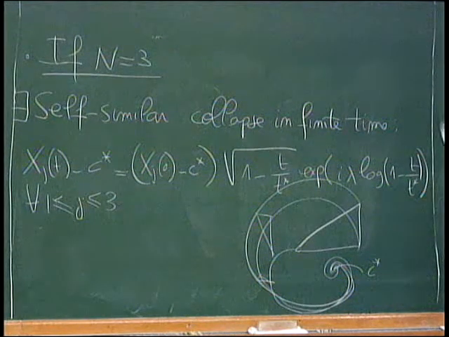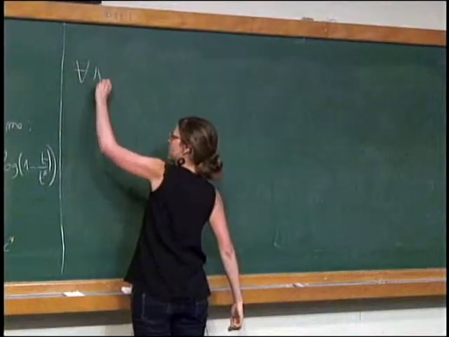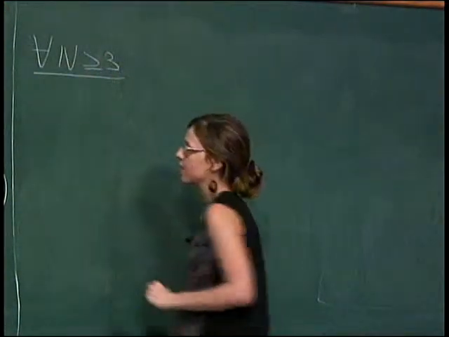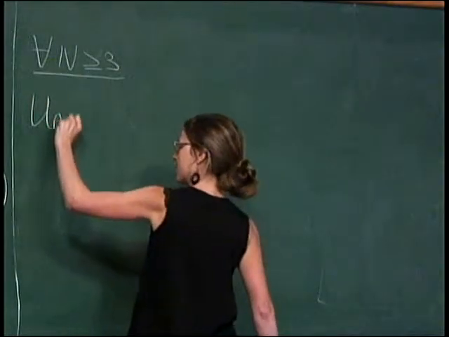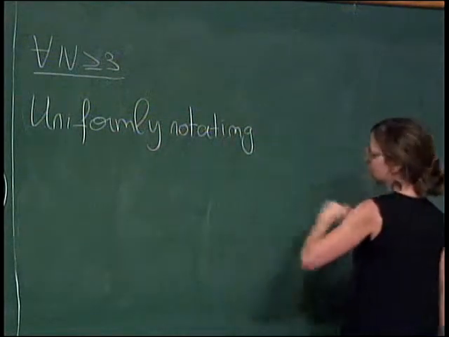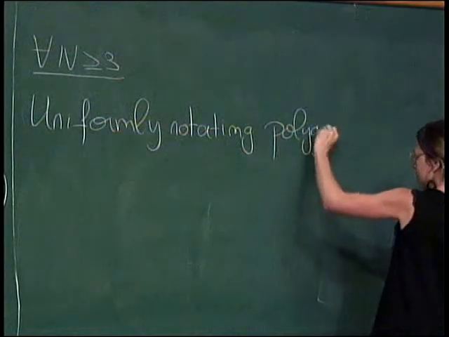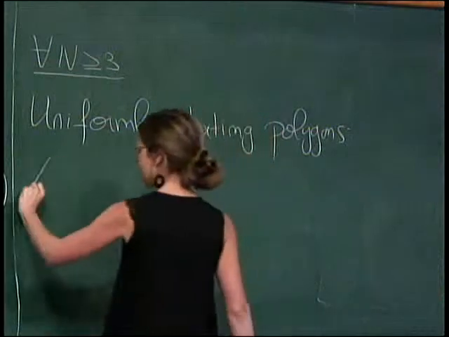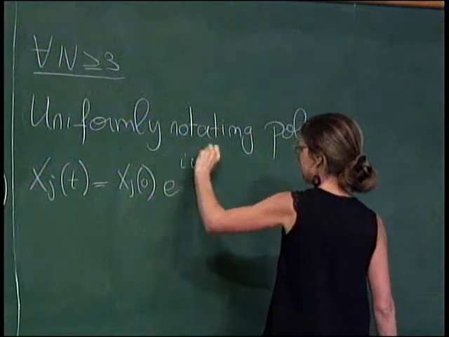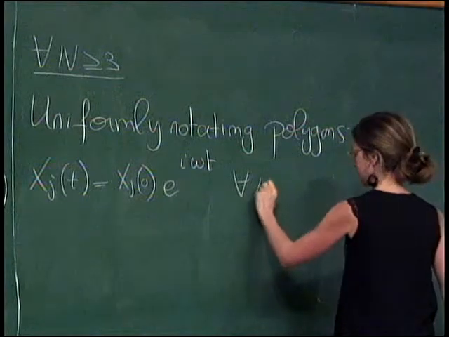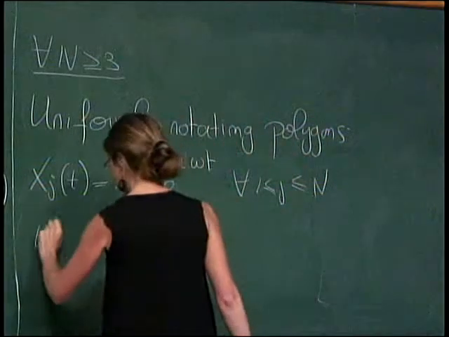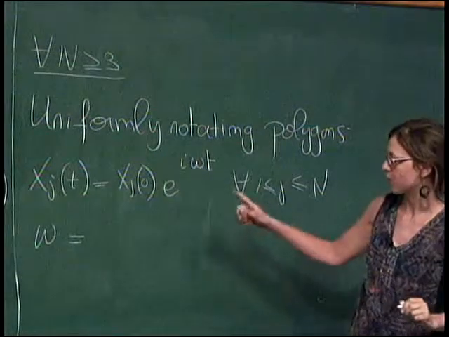For all n larger than 3, or 2 anyway, we have the existence of uniformly rotating regular polygons for which xj of t can be written as xj of 0 times exponential i omega t, where omega corresponds to the angular velocity, and it can be explicitly written in terms of the circulations.